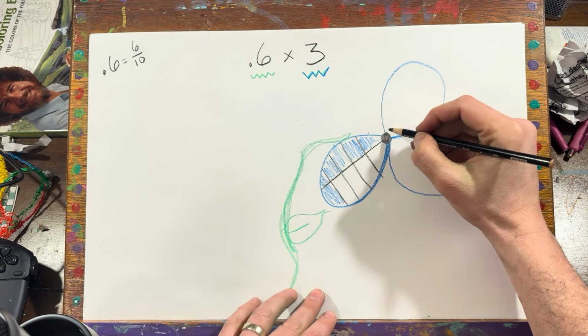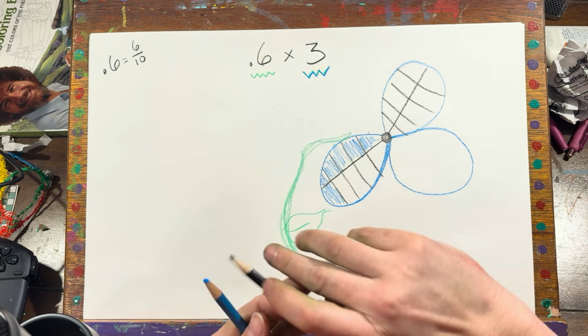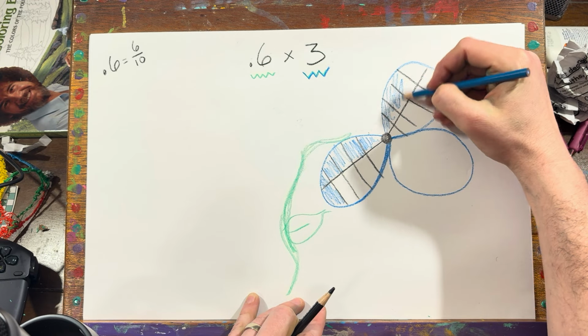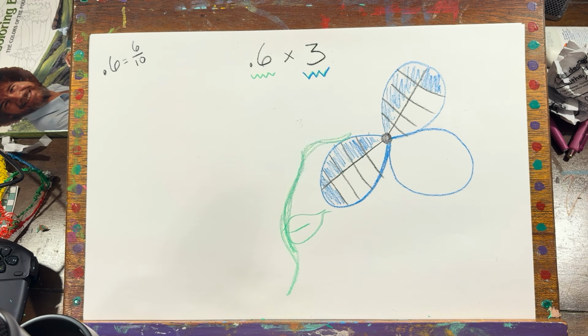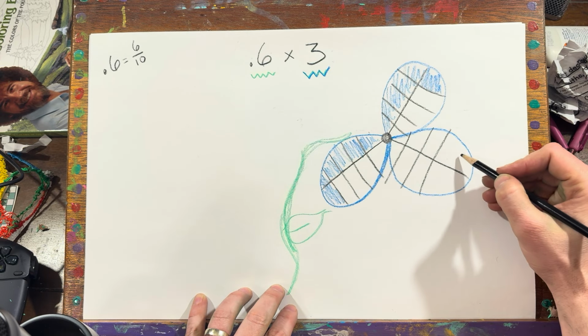I'm going to do the same thing over here. 1, 2, 3, 4, 5, 6/10 of that. And then I'm going to shade in 6/10 of this.